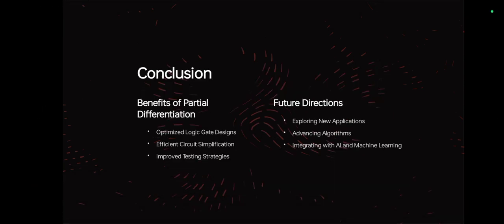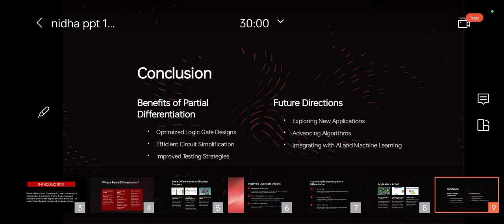Now, let's conclude by looking at the future directions for partial differentiation of Boolean functions. It is an intriguing idea to explore the future direction of partial differentiation in Boolean functions. While it is not a commonly used technique in this context, there is always room for innovation and new approaches.